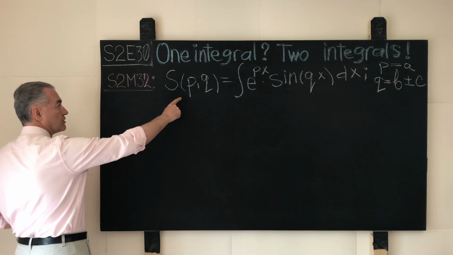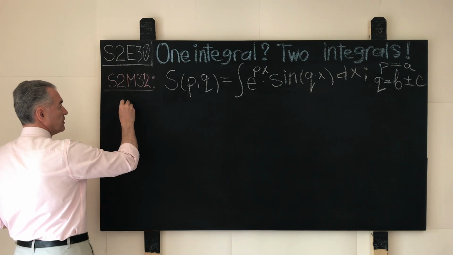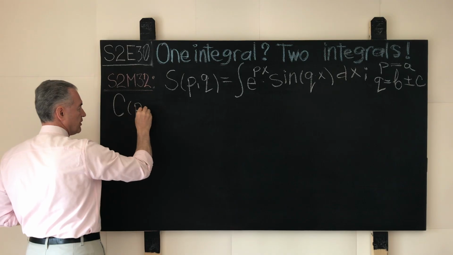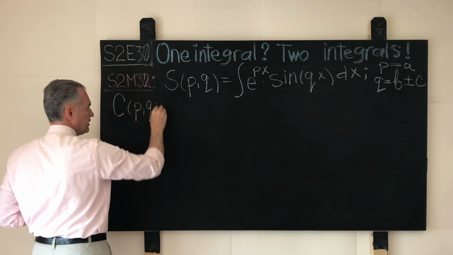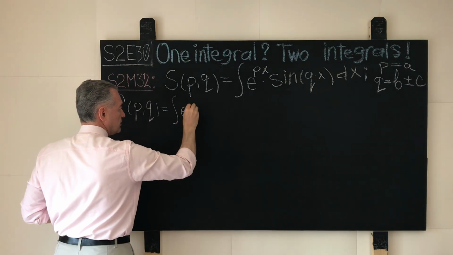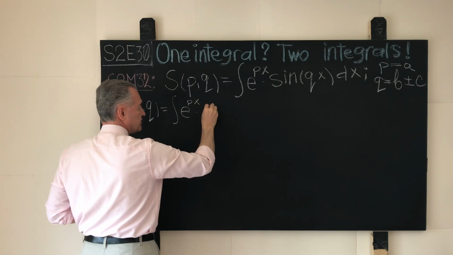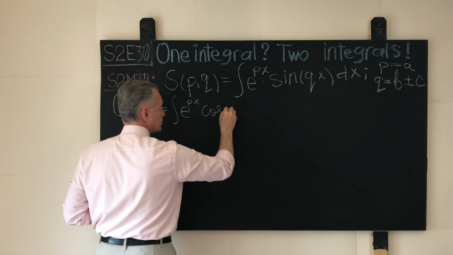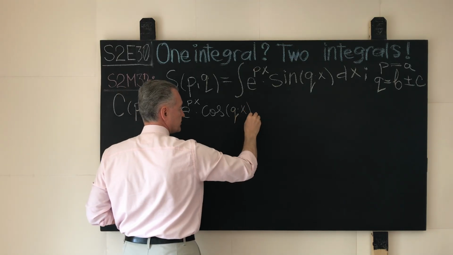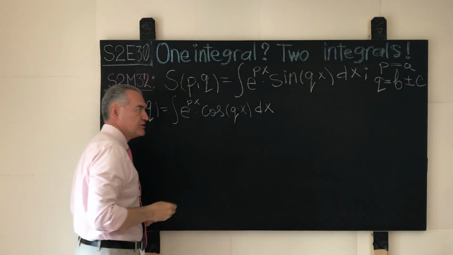And the close cousin of this integral will be a function C that also depends on the constant numbers p and q. That will be the integral e to the power of p times x times the trigonometric function of cosine evaluated at the argument q times x dx.